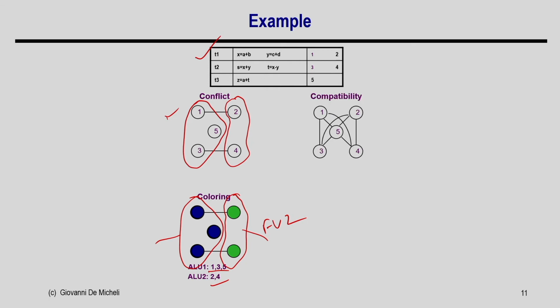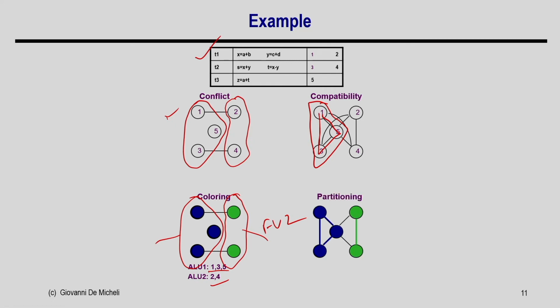Similarly, if you consider the compatibility graph, what I have told, I have to find out the clique. So, you see here this is a clique, right. So, this is a clique of 3 nodes, right, 1, 3 and 5, this is a complete subgraph, and this is the maximal possible clique. I cannot have a clique or a complete subgraph using 4 nodes in this graph.